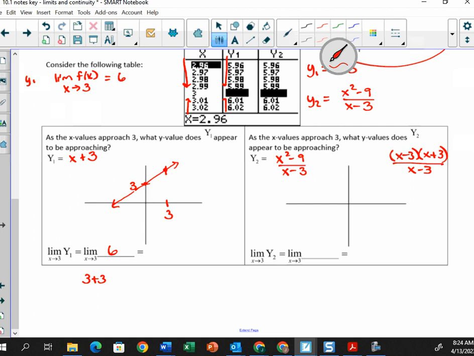Okay, what cancels? What does that create when that cancels out? A hole, good. So I'm left with just y equals x plus 3, but I know I have a hole at 3 comma what? How do we find the coordinate? Yes, plug it in. So we get 3, 6.